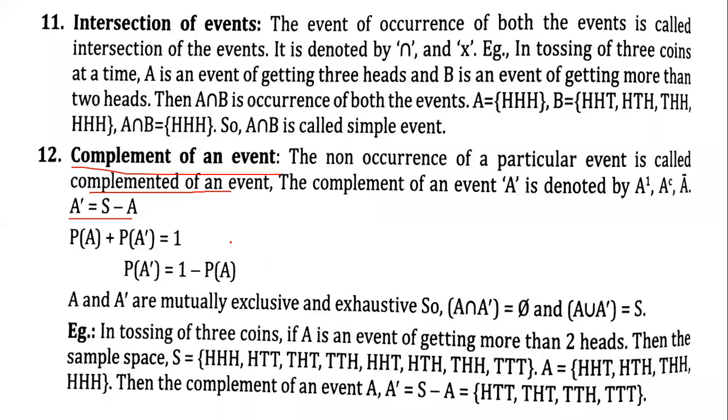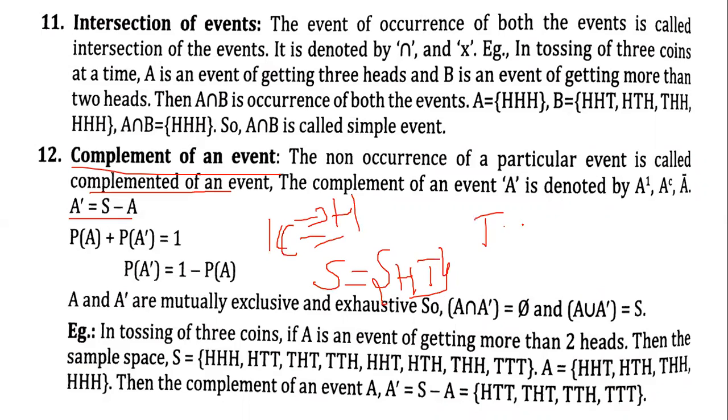Even more simply, if I toss one coin, what can be the result? What can be the sample space? Sample space is head or tail. If I toss one coin and I am expecting to get head, the tail will become the complement. This is non-occurrence. I got head, so that is why tail will become the complement.